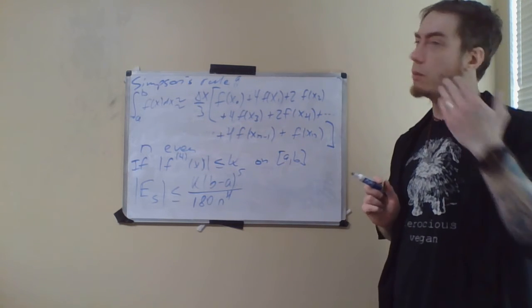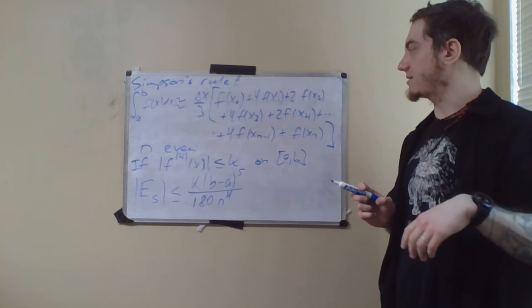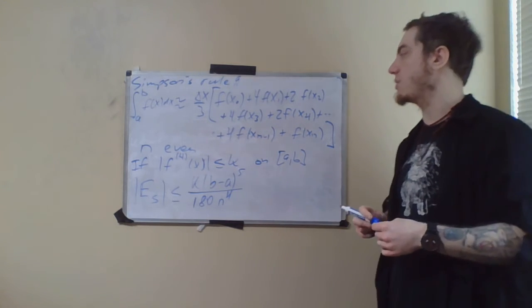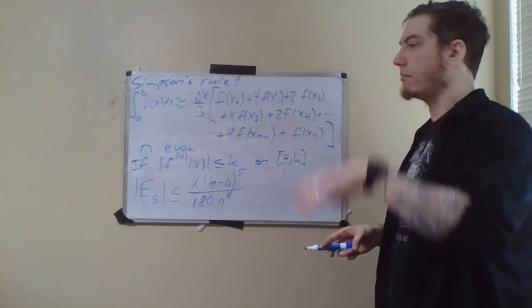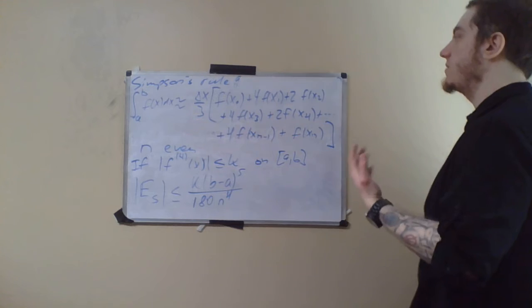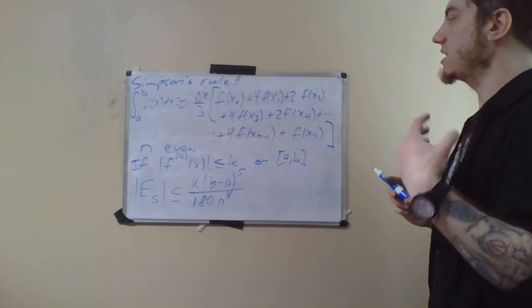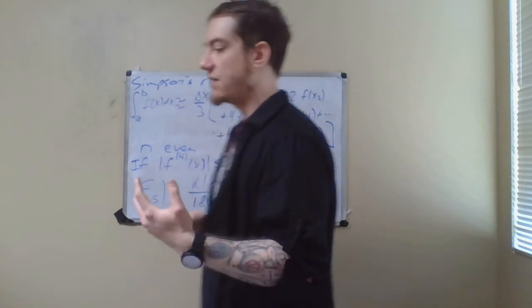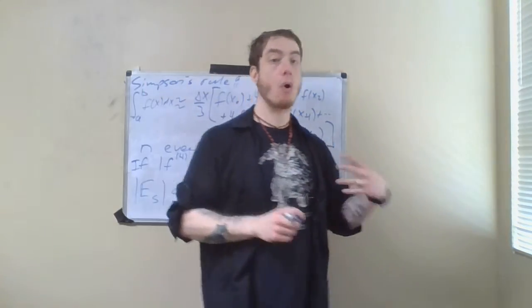I mean, that's not always the case, but for some functions, it's kind of the case. We usually don't have it where higher derivatives get more wild. So usually, if your second derivative has a certain bound, you can expect that the fourth derivative's bound is going to be no worse than the second derivative. At least that's our hope.